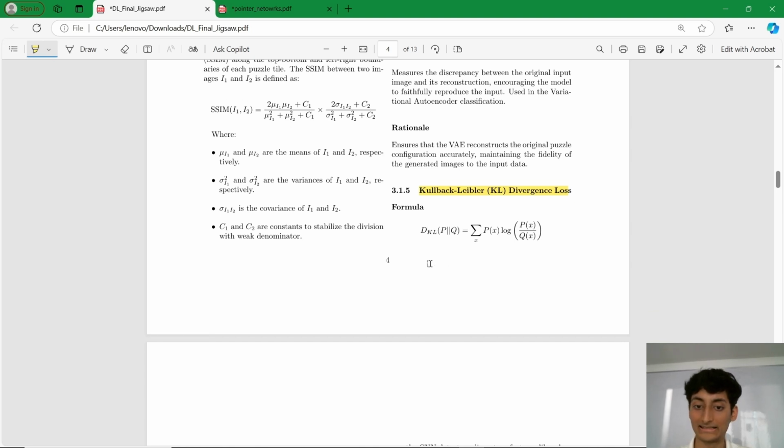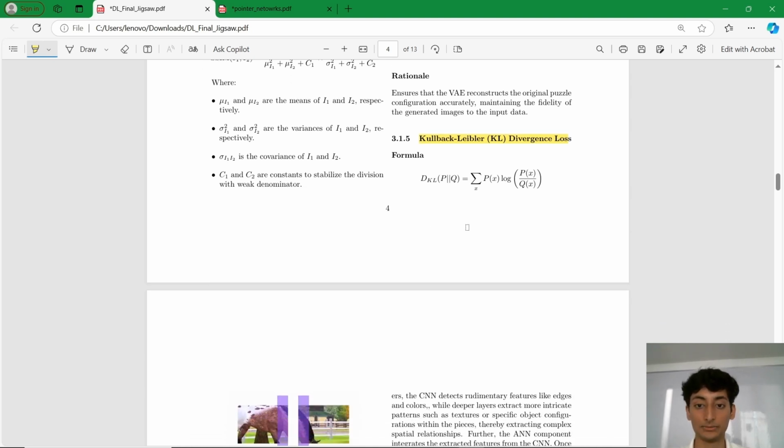The last is the Kullback-Leibler divergence loss. You must have seen this particular equation to be common in dimensionality reduction models like t-stochastic neighbor embeddings, where you have a high dimensional space and you try to reduce it to a low dimensional space, and you have to maintain the probability distribution in the high dimension to be the same as the probability distribution in the low dimension, so that the dimensionality reduction that you have done is accurate.